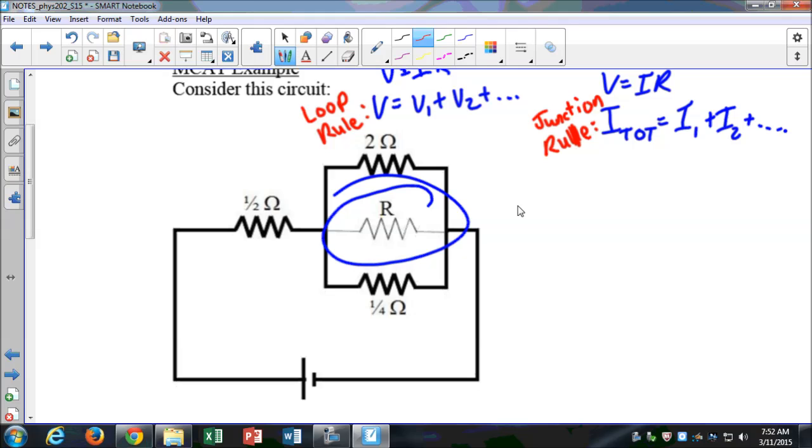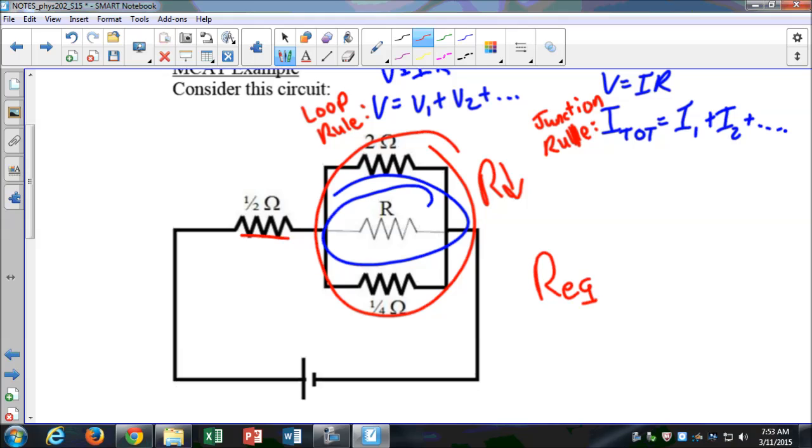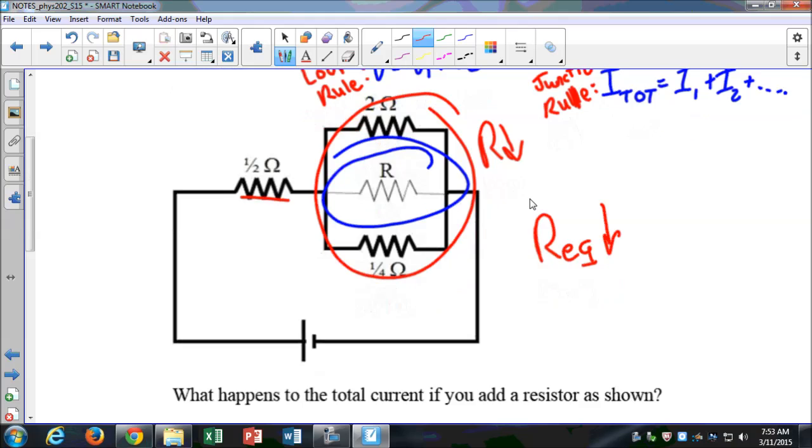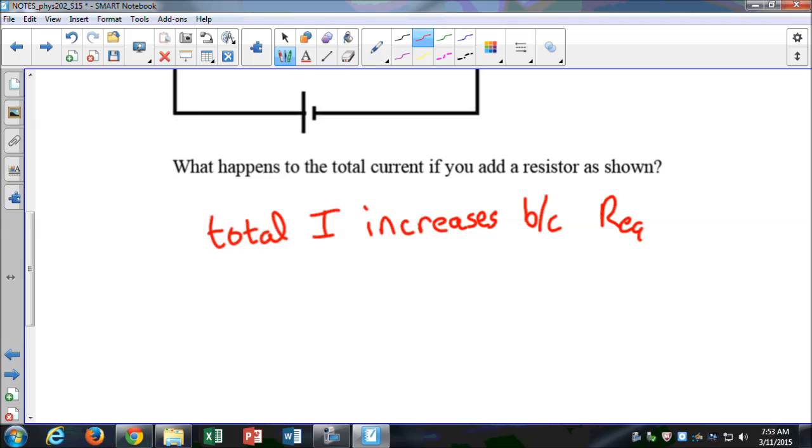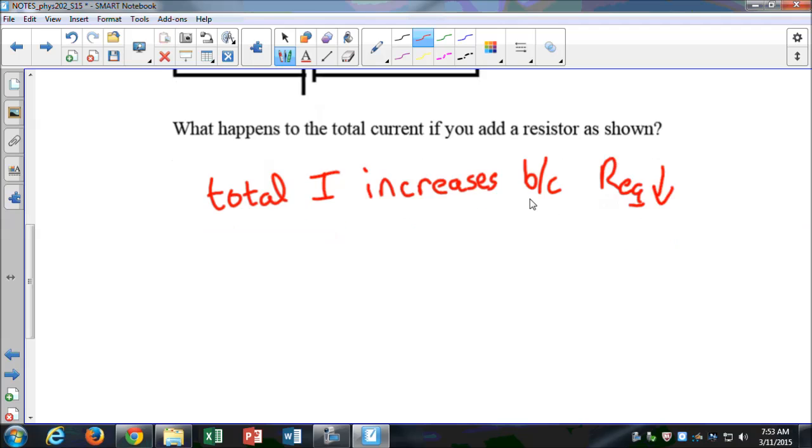So the overall resistance of this branch will go down, and when you add it to this one in series, that means that the overall equivalent resistance will also go down. So then what happens to the total current? Right, so the total current increases, because the equivalent resistance goes down.